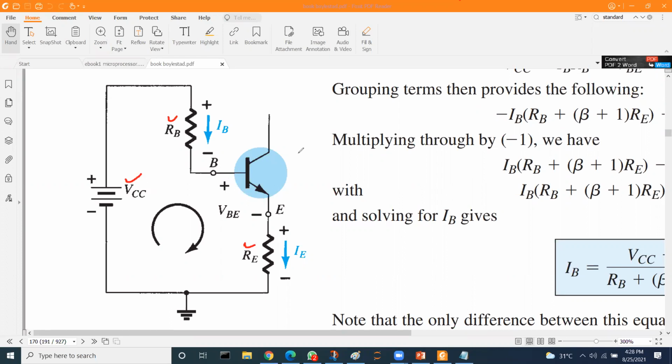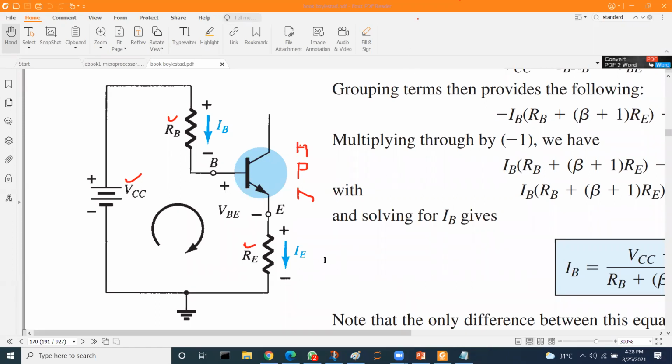So that means the NPN transistor has this PN junction in a forward bias condition, and we can use the 0.7 volt approximation to write down Kirchhoff's voltage law.